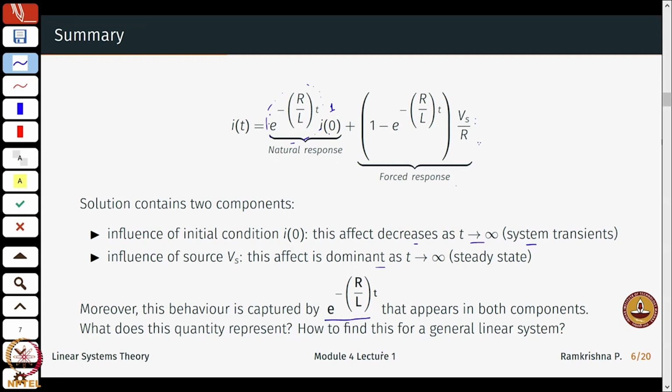Now, is this general, or is there any interpretation to this kind of quantity? An exponential term which has the time component and also has to do with the system parameters. So, we will try to interpret this in a little more general setting now.